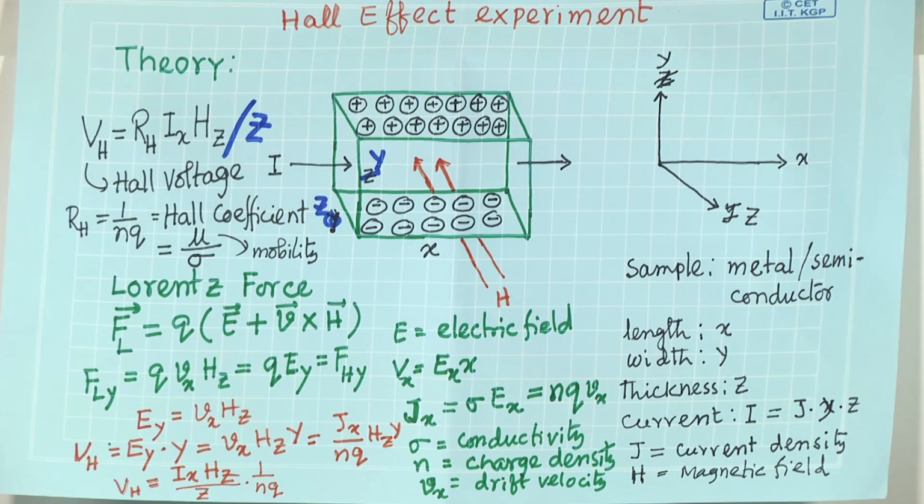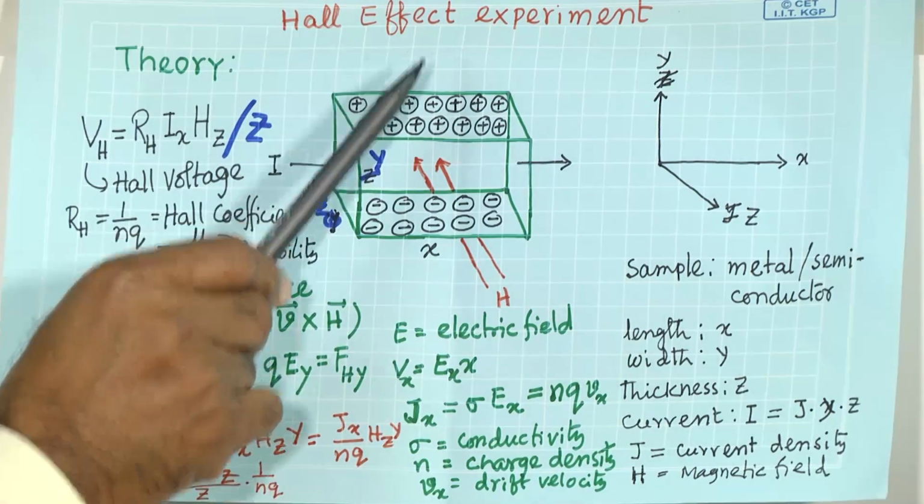We cannot apply a very high value because there will be heat due to this current, and heating of the sample will change the parameters. So we will avoid the heating of the sample. So Ix will be kept at a small, optimized value so that we can do the experiment without generating heat.